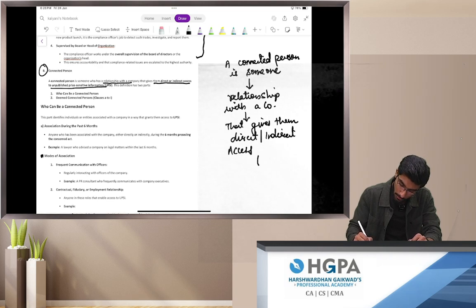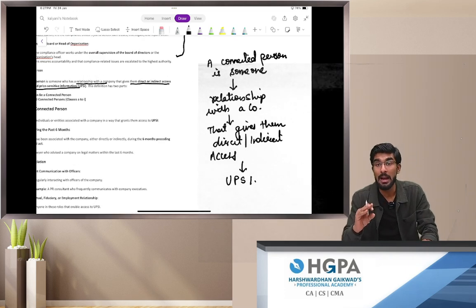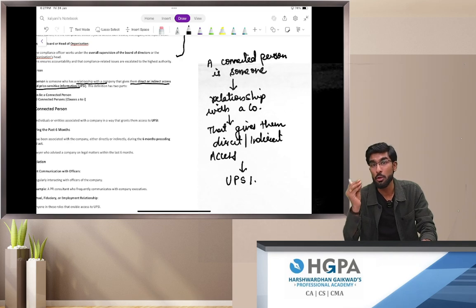Access to UPSI. Okay, Rajat Gupta had a direct connection with the UPSI.